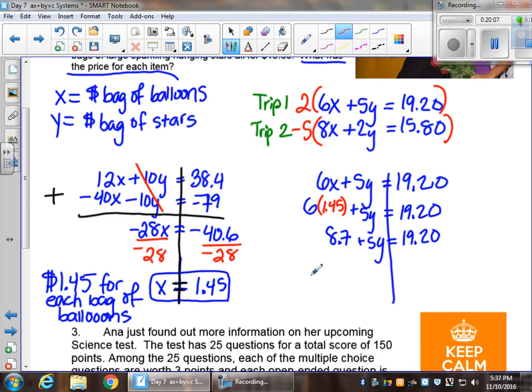To solve, we will subtract 8.7 from both sides. $19.2 minus 8.7 is 10.5. Now we will finish this up by dividing both sides by 5. 10.5 divided by 5 is, what'd you get? I got 2.1.